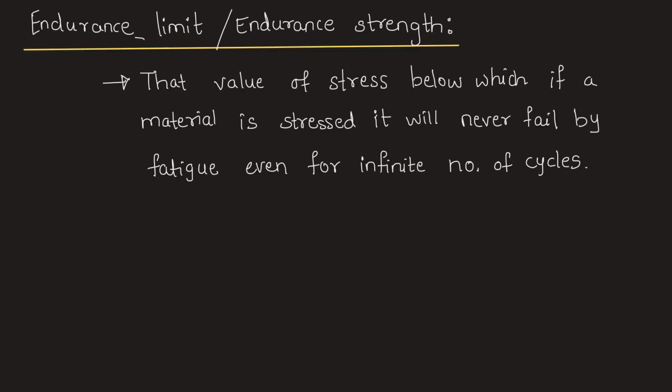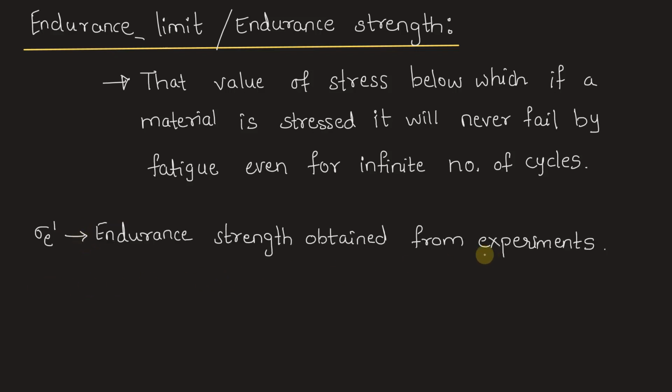This endurance strength is generally determined by experiments. Let's say we have got the endurance strength from experiments as sigma E dash. So this is the endurance strength obtained from experiments. Now, experiments are performed under specific conditions, for a specific material and a specific size of specimen. So in order to account for the effects of practical conditions, we have to apply some factors to this endurance strength obtained from experiments.